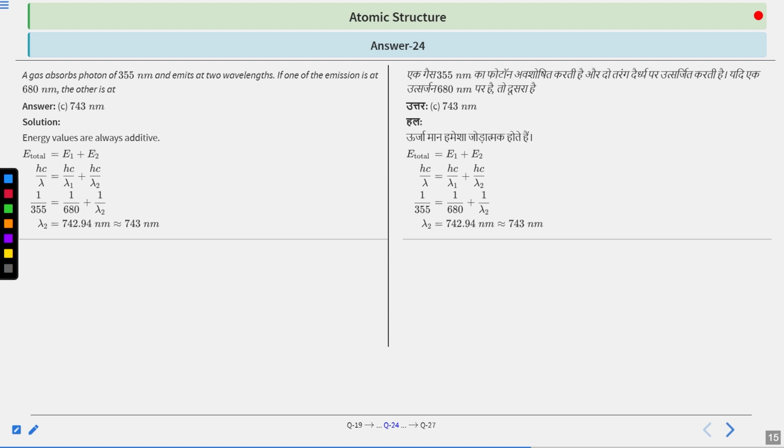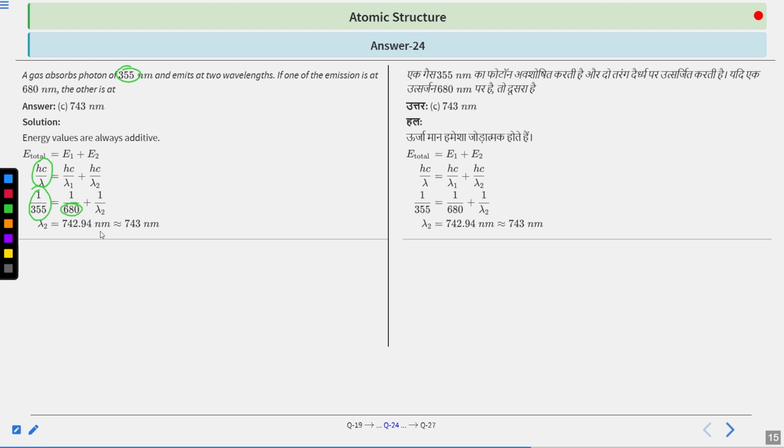The energy for this many nanometers is hc by lambda, which is 1 by 355. hc is cancelled everywhere, so 1 is written here. Lambda is 355, the first value is given as 680 nanometer, and we don't know lambda 2. Hence, we can calculate lambda 2 in this fashion. If you carry out this calculation, you will get 742.94 nanometer, or 743 nanometer. In this way you solve this question and get your answer as C, 743 nanometer.